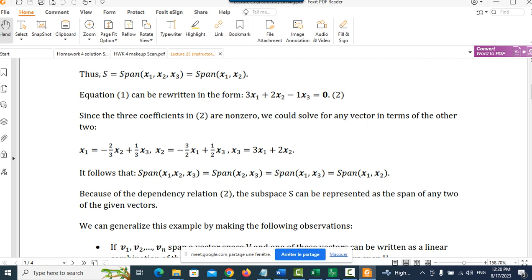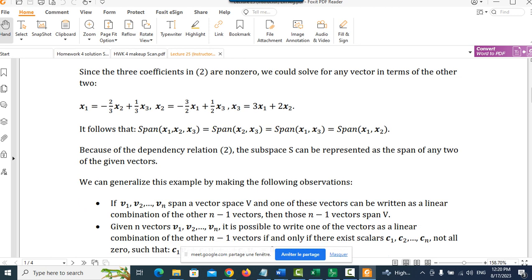So it follows that the span of x1, x2, and x3 is equal to the span of x2 and x3, the span of x1 and x3, and the span of x1 and x2. Because of this dependency relation, the subspace S can be represented as the span of any two given vectors.